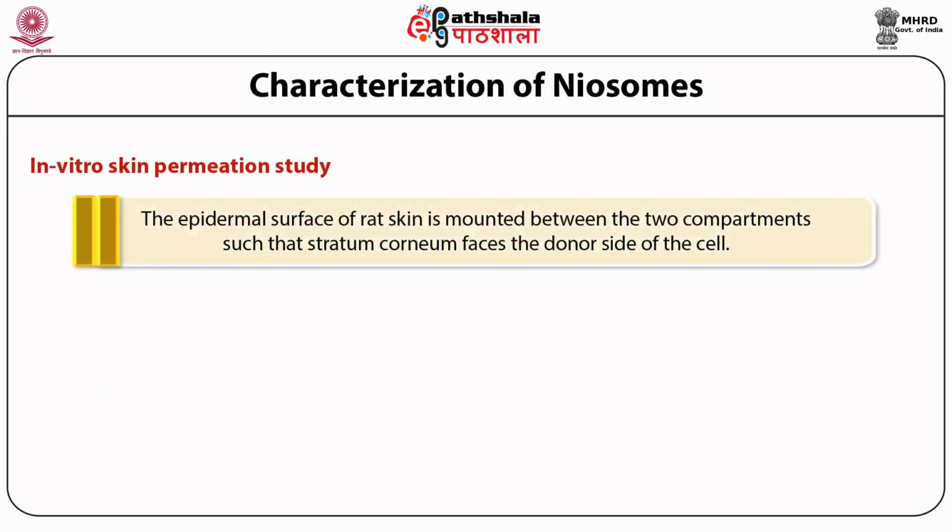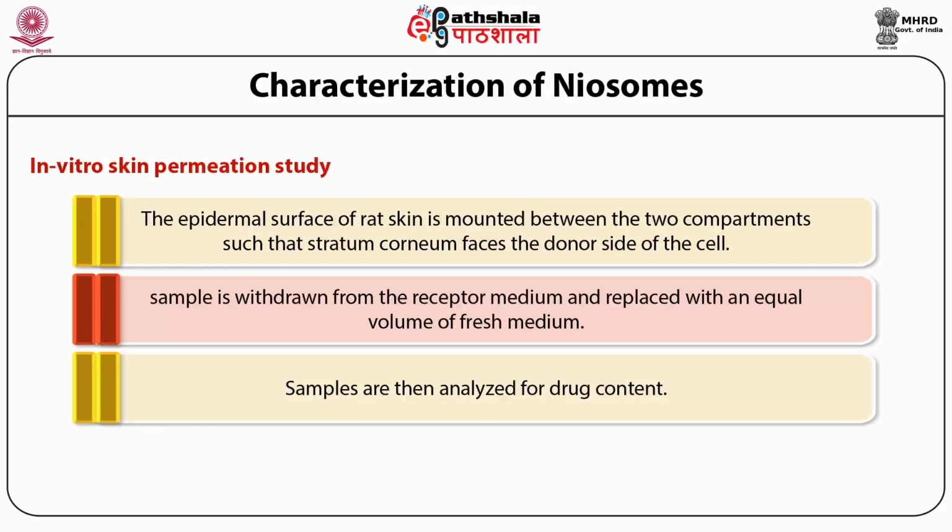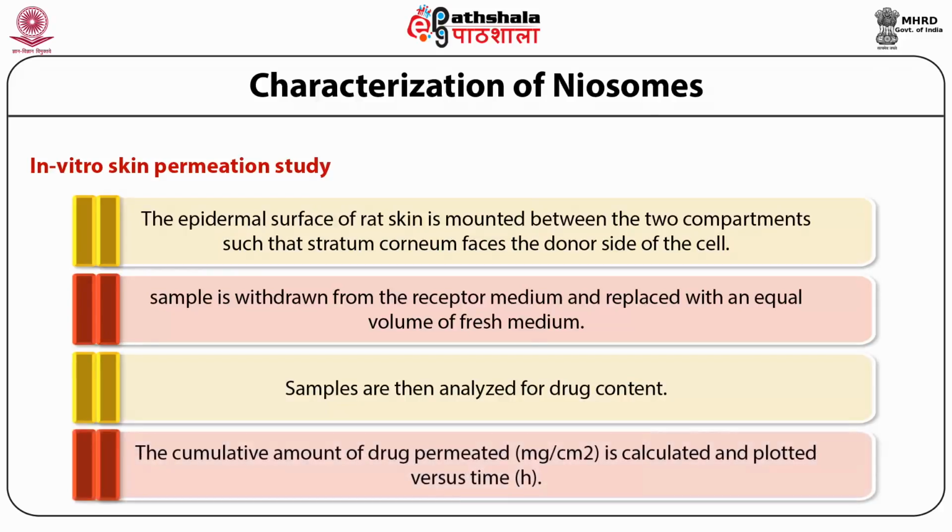The epidermal surface of rat skin is mounted between the two compartments such that the stratum corneum faces the donor side of the cell. The sample is withdrawn from the receptor medium and is replaced with an equal volume of fresh medium. Samples are then analyzed for the drug content, and the cumulative amount of drug permeated, in milligram per centimeter square, is calculated and plotted against time in hours.